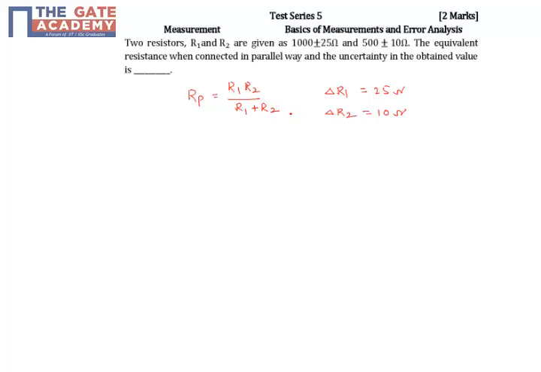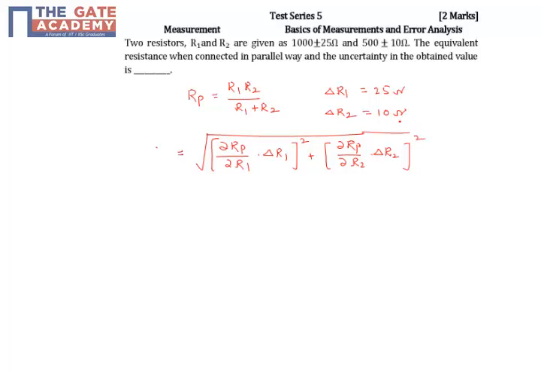So the uncertainty in the resistance is equal to square root of dou Rp by dou R1 into delta R1 whole square plus dou Rp by dou R2 into delta R2 whole square. So this is the value of uncertainty in ohms.